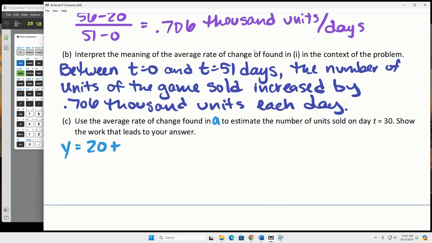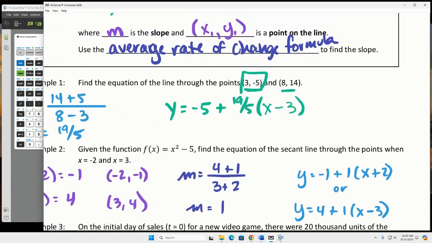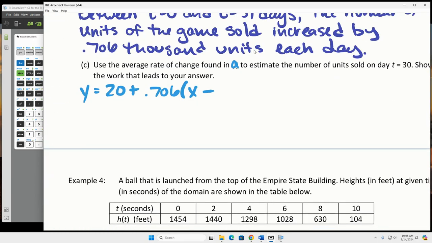And then we're going to do plus. All right, Sadie, what are we going to put in for M? 0.796. Good. And then X is just regular old X. And then Peyton, what are we going to put in for X1? 0.